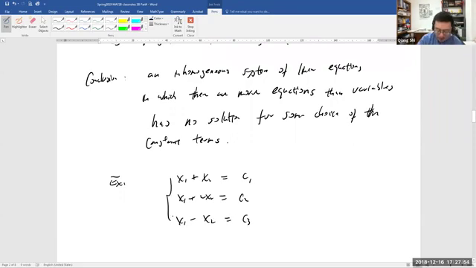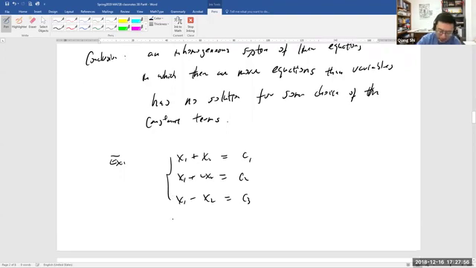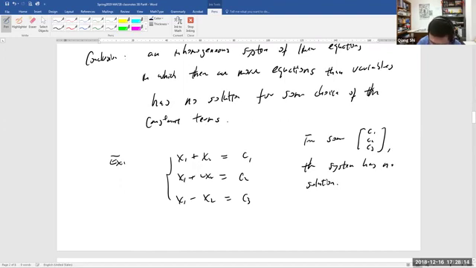So this tells you that for some c1, c2, c3, this system has no solution. We're not saying it for everyone.